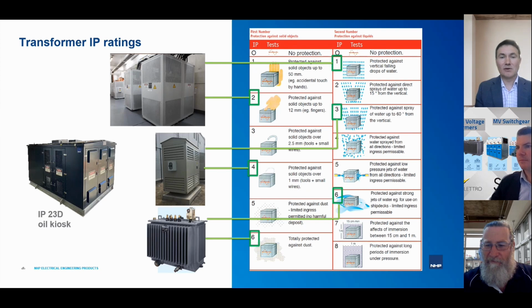Now, when we look at the outdoor solutions, it's a different scenario. When you look at cast resin specifically, as far as solid objects protection, what we want to avoid is an ingress of vermin.